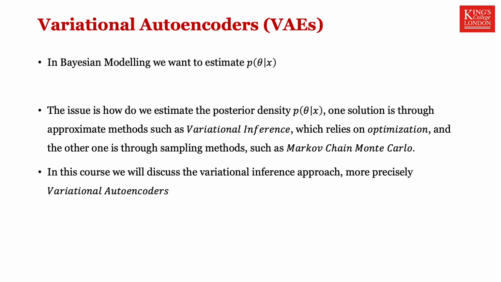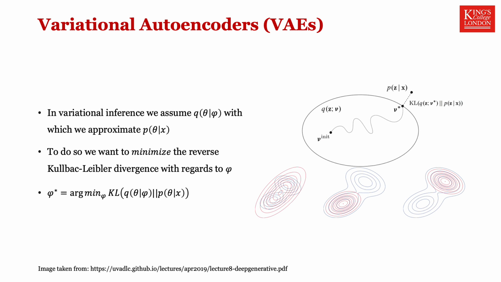So in a variational inference setting, we assume that the distribution Q of theta given phi exists, and that it approximates P of theta given x.